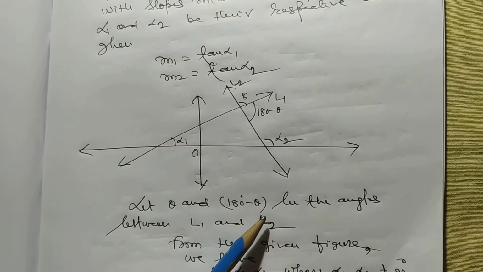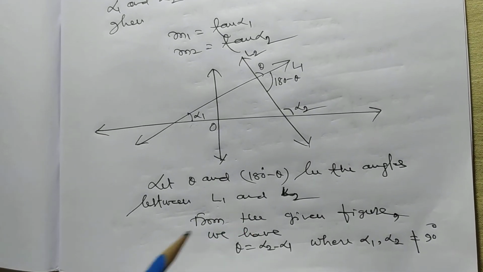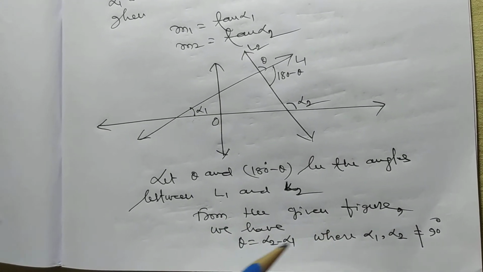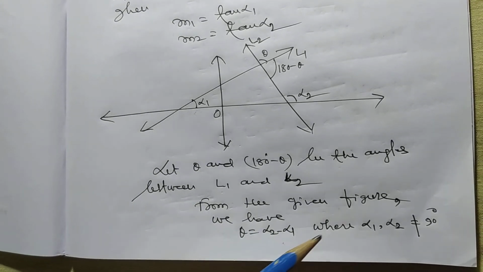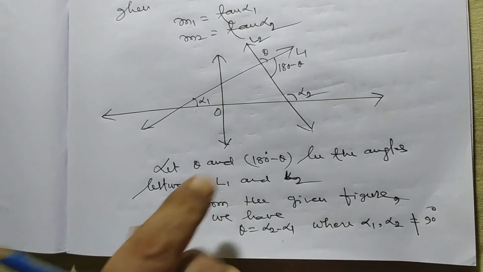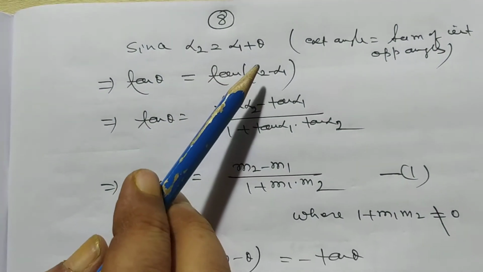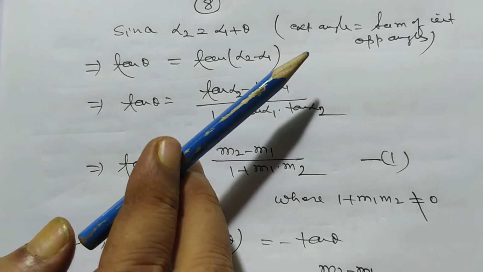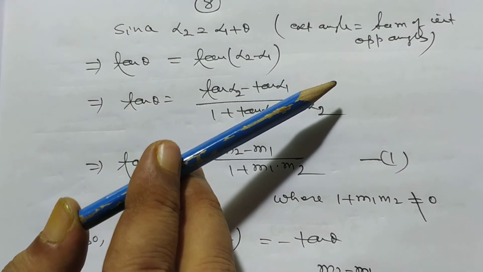Let theta and 180 minus theta be the angles between L1 and L2. From the given figure, we have theta is equal to alpha 2 minus alpha 1, where alpha 1 and alpha 2 are not equal to 90 degrees, since alpha 2 is equal to alpha 1 plus theta, as the exterior angle is equal to the sum of the interior opposite angles.